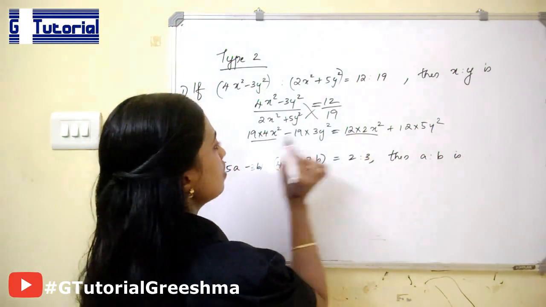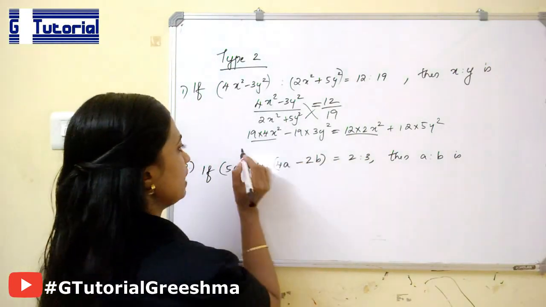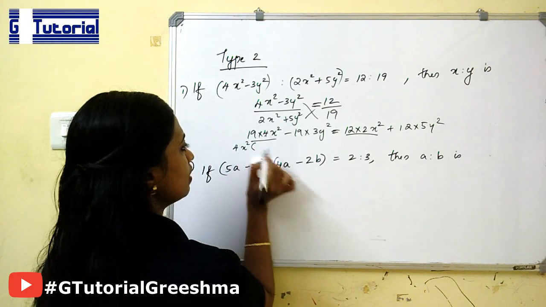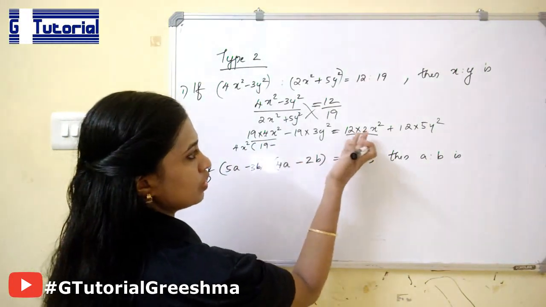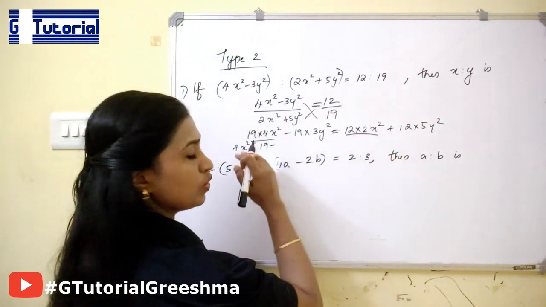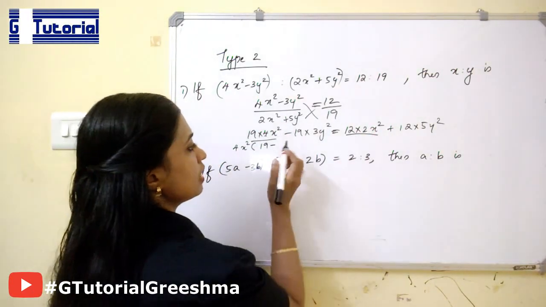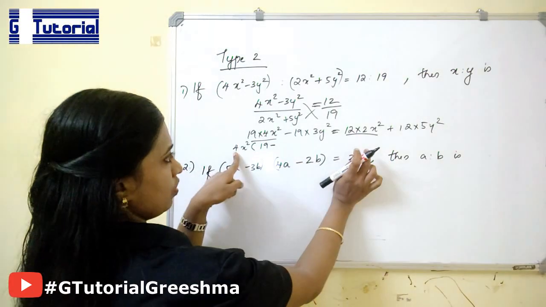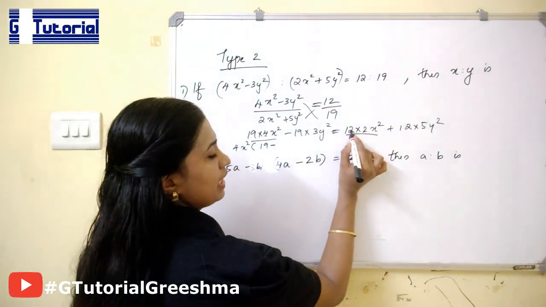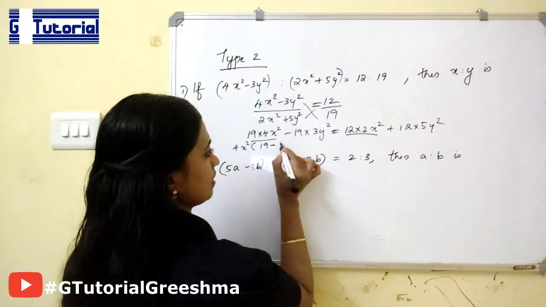So I am taking 4x square as common. When 12 into 2x square is taken to this side, the term becomes minus. Here I have taken a 4 common, so what is remaining is 3 into 2, 6.